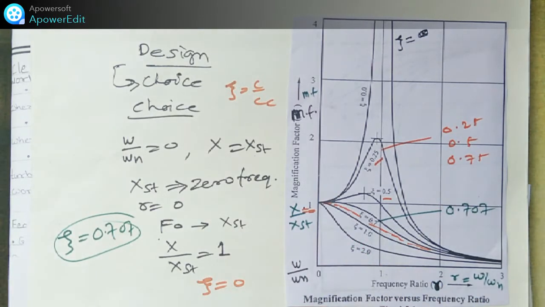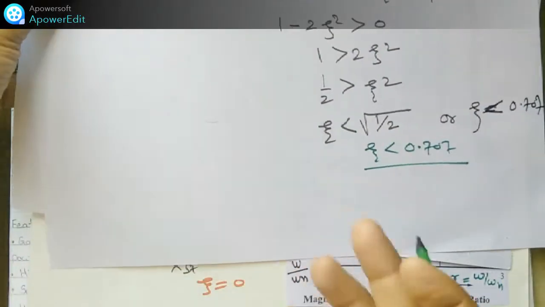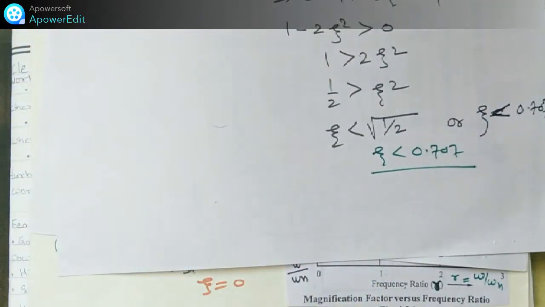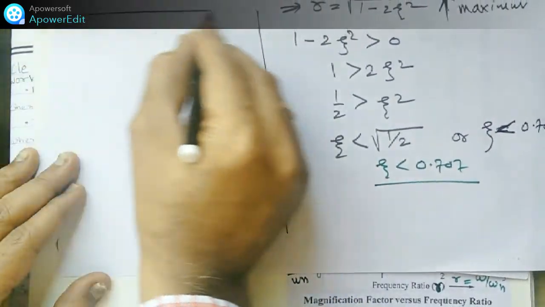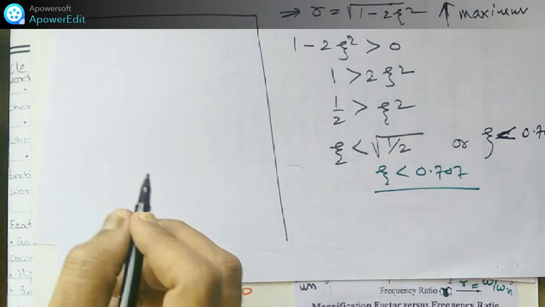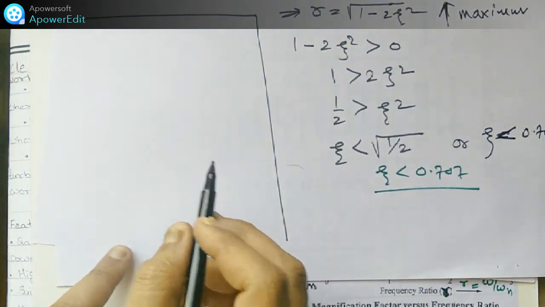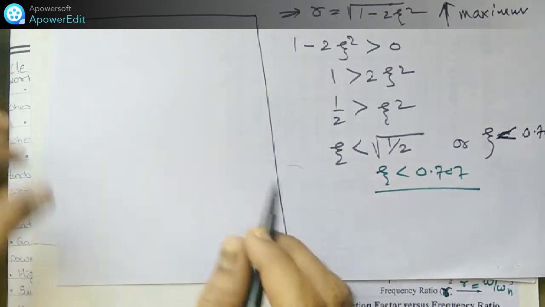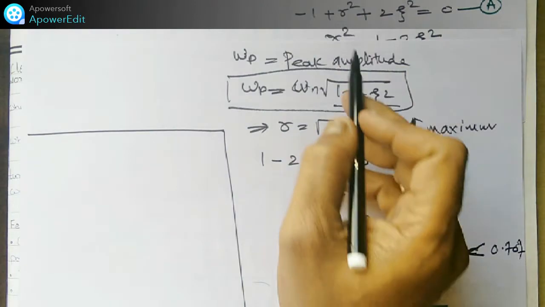MF, we want to calculate the value of MF. So what is the value of MF then? I will write here the formula for the MF. How do we get the value of the magnification factor? For the magnification factor, we can utilize this equation A. See, this is the equation A. From this we can find out the value of zeta.